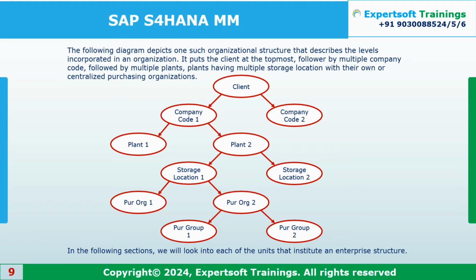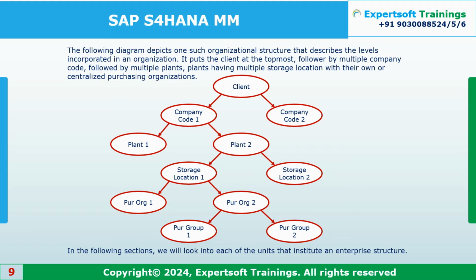So each and every module has its own org structure. Company codes refer to a financial entity. That means whatever activity is happening in the plant with reference to money, the business, will get stored in company codes.